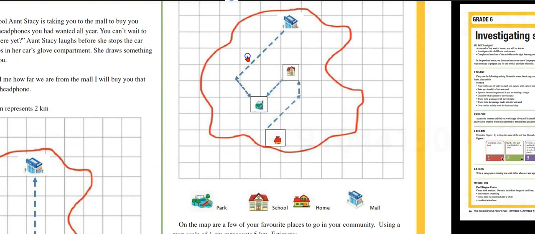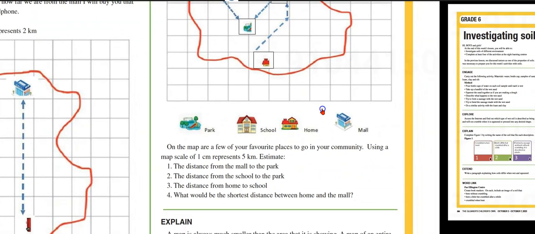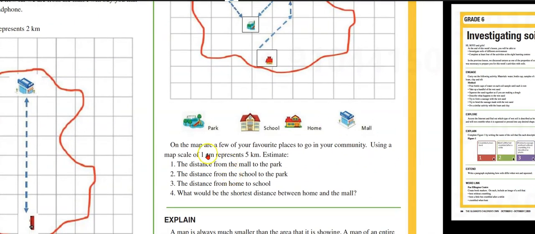Here's a map of your community. So we have the park, we have school, we have home, we have the mall. So again, let's go. On the map are a few of your favorite places to go in your community.